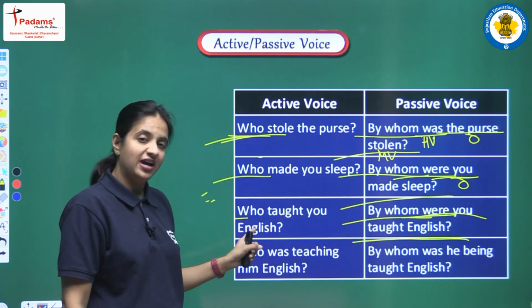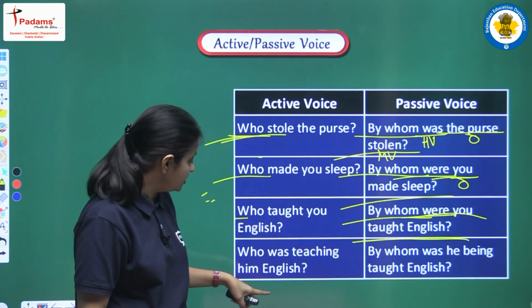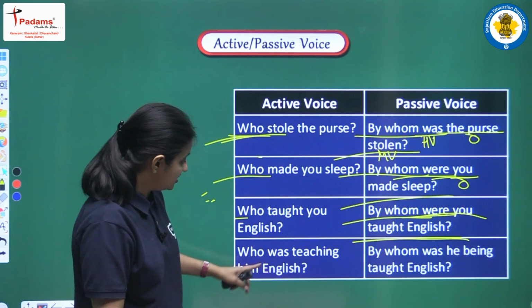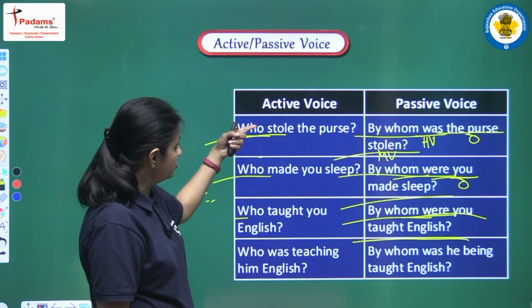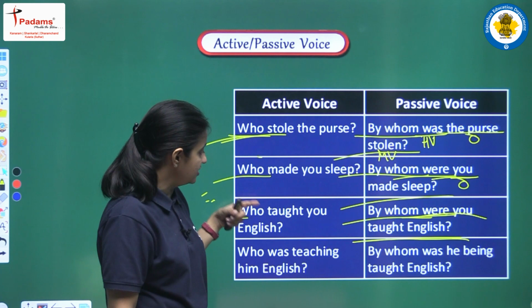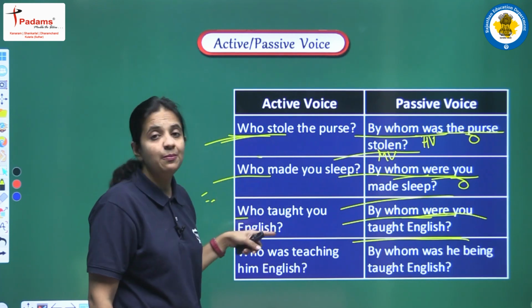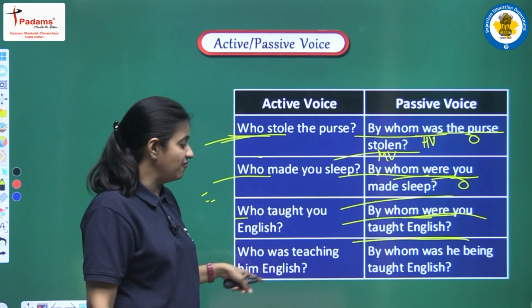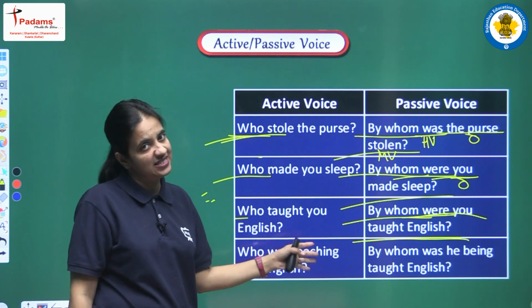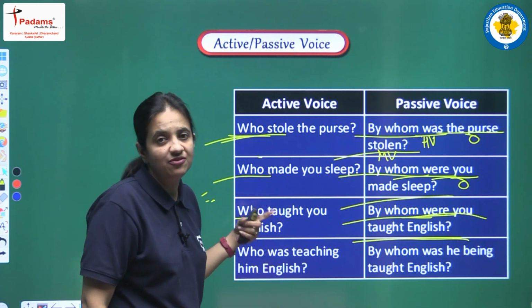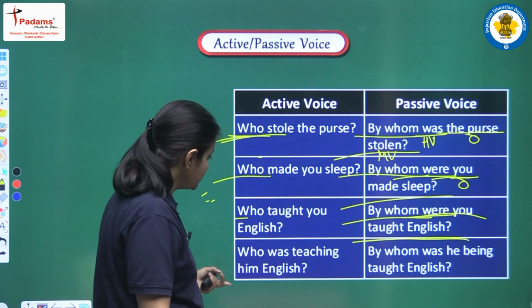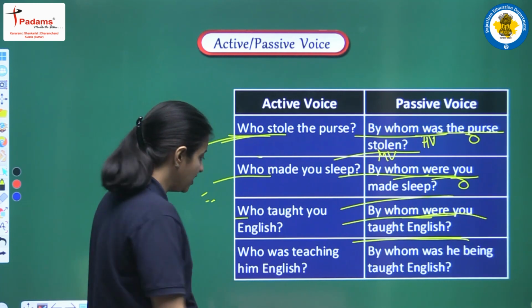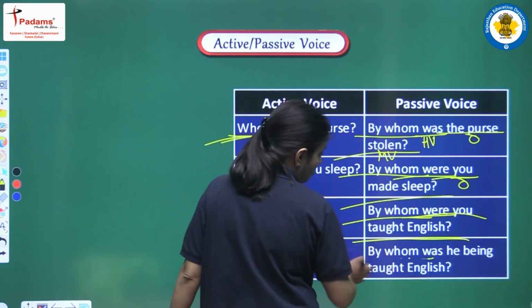One more example we are having here: "who was teaching him English". This is a different tense, because in the previous sentences we were having past simple tense, but now we are having past continuous tense. So let's see one sentence of past continuous tense, but the rules will be exactly the same. "Who" will be converted into "by whom".